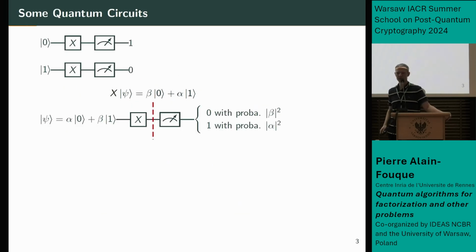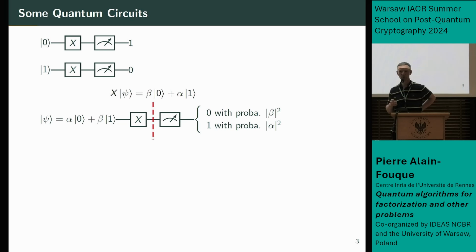So now that we have such a gate, we can have some circuits, and this is the way that we describe circuits. We begin, for example, with ket 0, you apply some gate. The X gate is in fact the gate that switches ket 0 to ket 1 and ket 1 to ket 0. And just after, you measure the value.